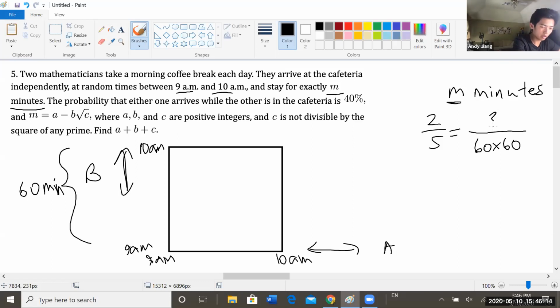Now all I have to know is how this is going to help me get what m is. So I can solve for the area that I'm supposed to get, and that area is 2/5 times 60 times 60, which is 1440.